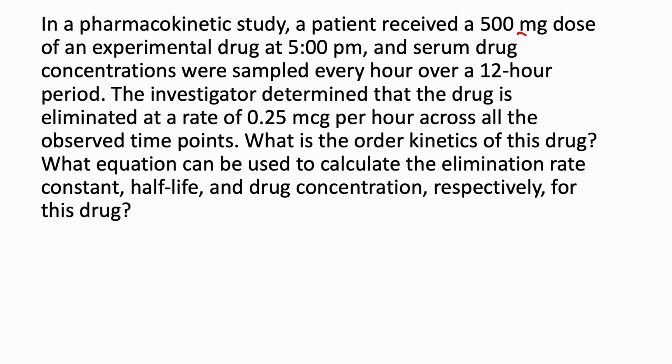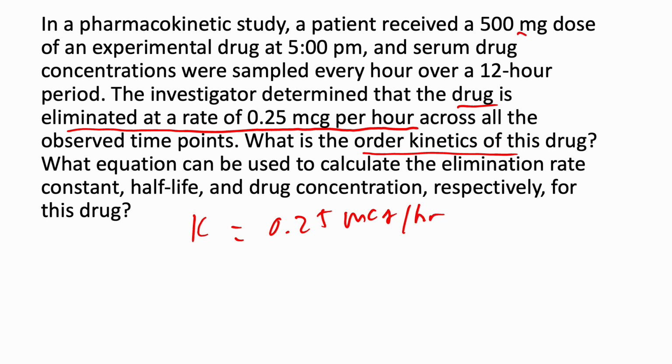So again, to determine the order kinetics of this drug, you need to know the elimination rate constant. Look at this information: the drug is eliminated at a rate of 0.25 microgram per hour. So the elimination rate constant K for this one is 0.25 microgram per hour.